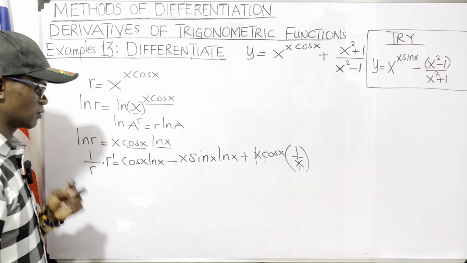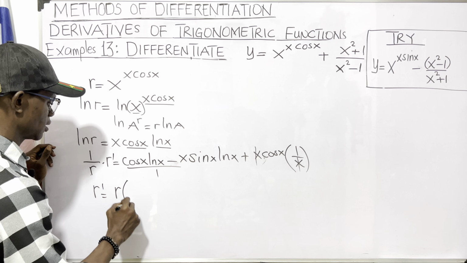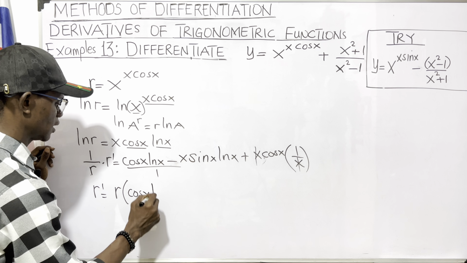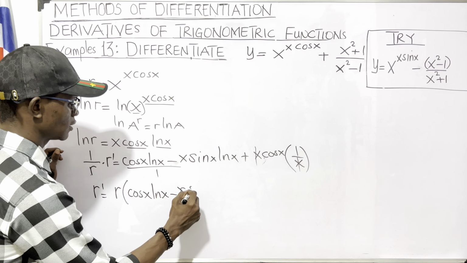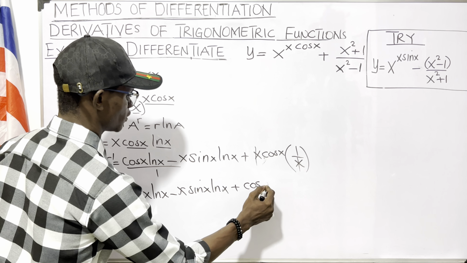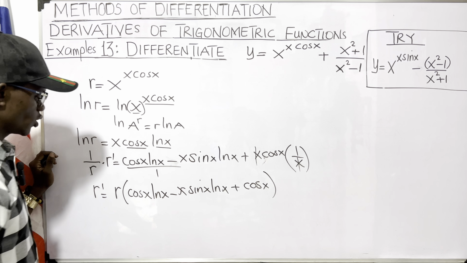So r prime equals, now remember that this r can be multiplied by this numerator, almost like cross multiplying. So r times cos x ln x, minus x sine x ln x, plus cos x.